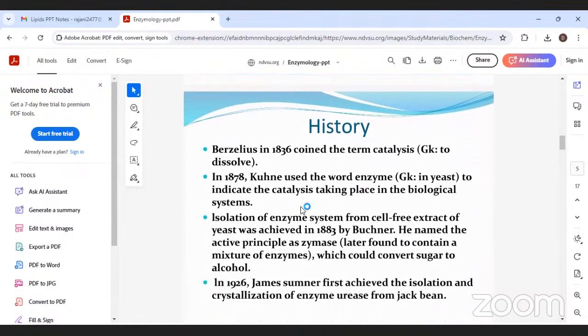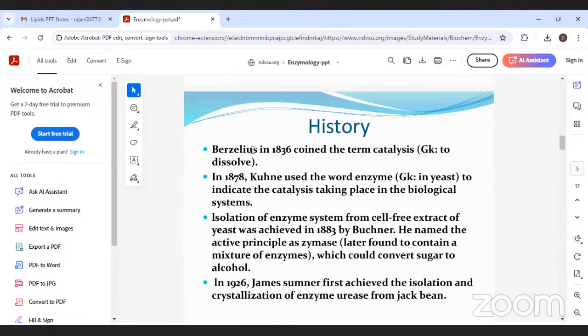Now I'll explain the history. Berzelius in 1836 coined the term catalysis. This is a Greek word meaning to dissolve. In 1878, Kühne, the first scientist to do so, used the word enzyme.